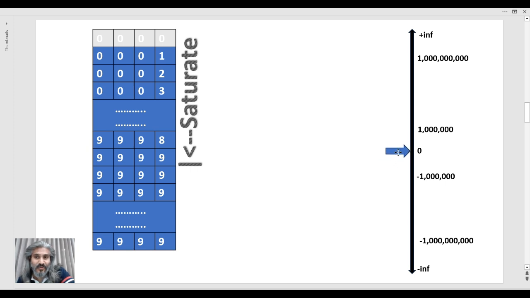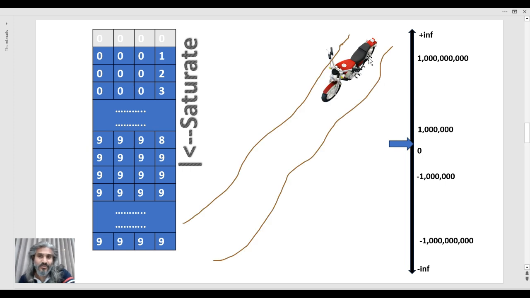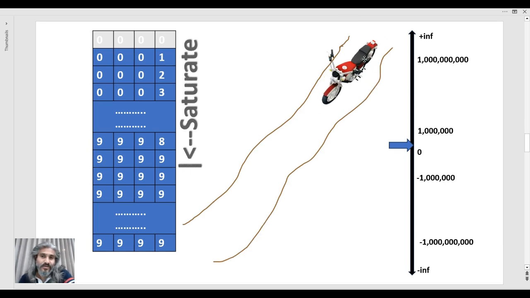Let's see why. Let's say we are using two numbers to count the distance and the time that this motorcycle has traveled. So we can use the ratio of the differences of distance and time to estimate its average instantaneous speed. Now, if we start to saturate, let's consider that we are representing the number of meters that this motorcycle has traveled, and it's going downhill here.